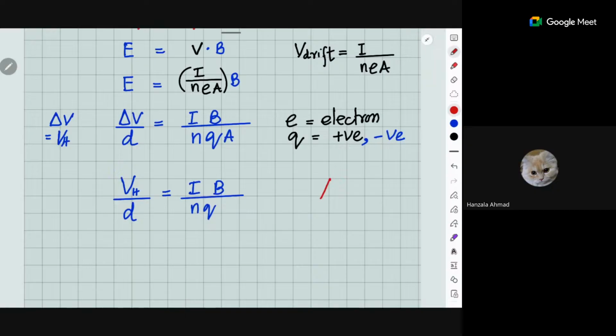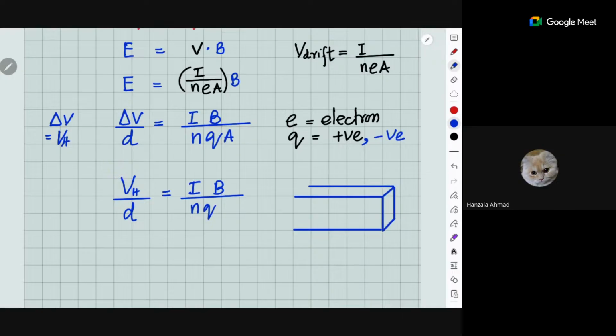As I told you, when we talk about the faces of the slice through which we were producing and providing the current, if you remember, I will just draw a small slice here. This was the slice.